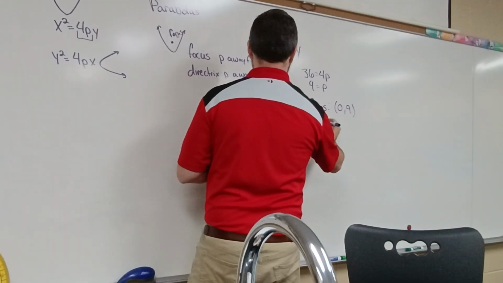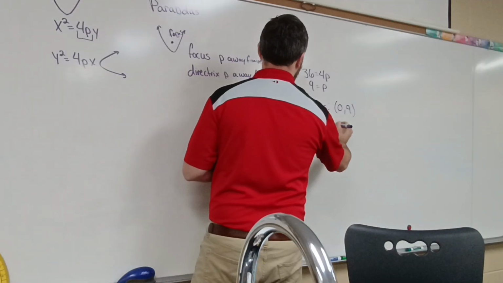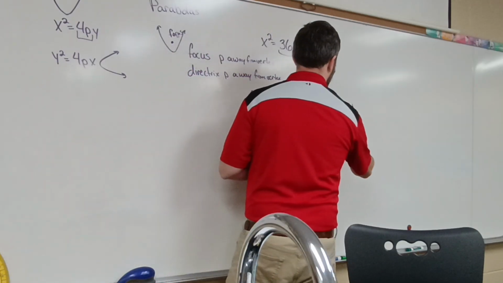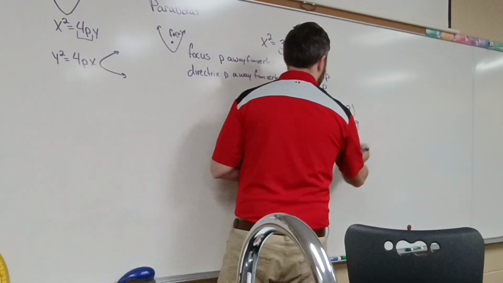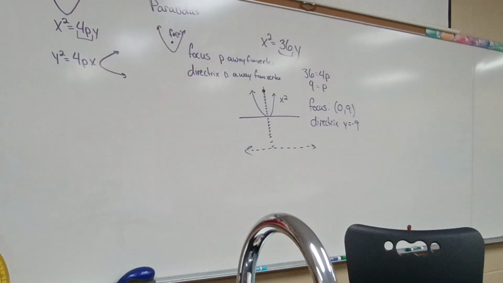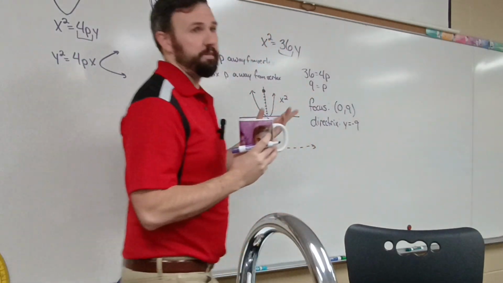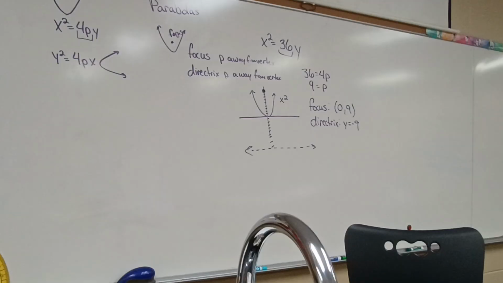Isn't that a fun word, directrix? Directrix. So that's the line, y equals -9. Okay? So if it's x squared, it's always y equals something, and your focus is going to be 0 something. And that something is whatever your p value is. One's going to be positive, one's going to be negative. Okay?